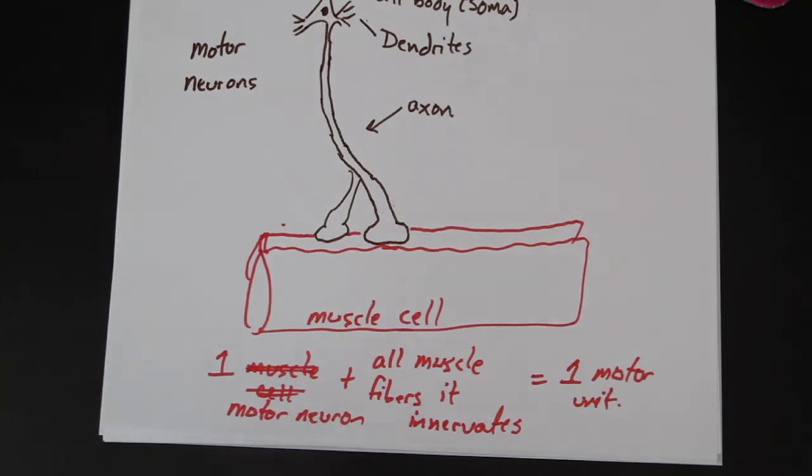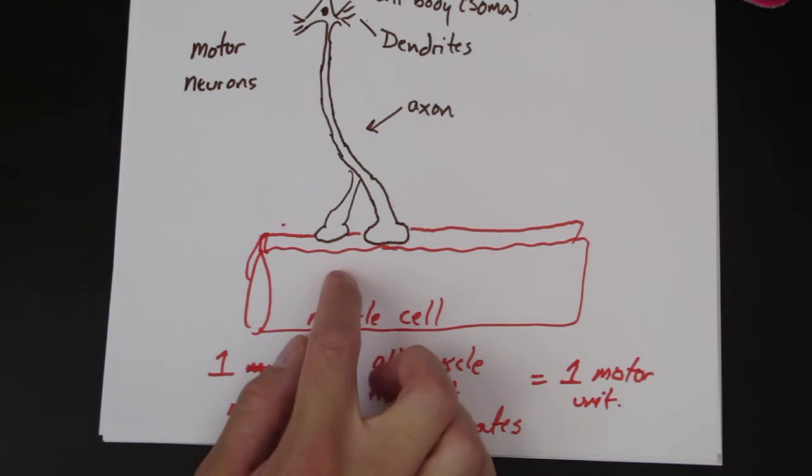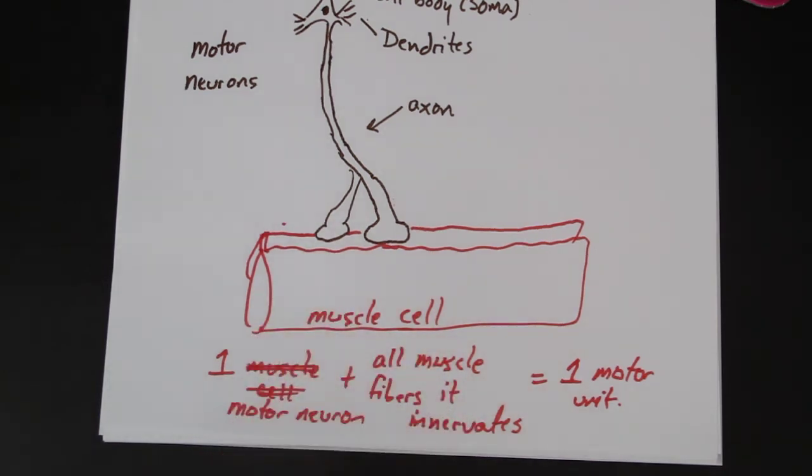We'll elaborate on that in just a little bit. But it's important to remember that the axon can branch and go to multiple muscle fibers. When that neuron stimulates these muscle fibers to contract, they're all going to react the same way. So this one right here would react the same as this one.